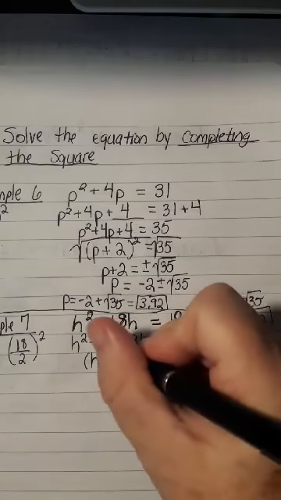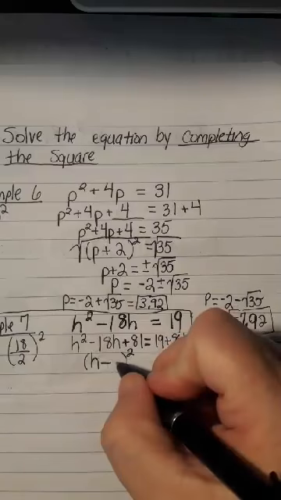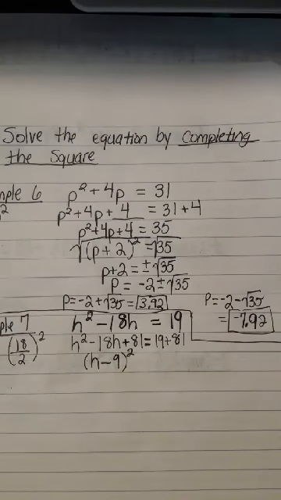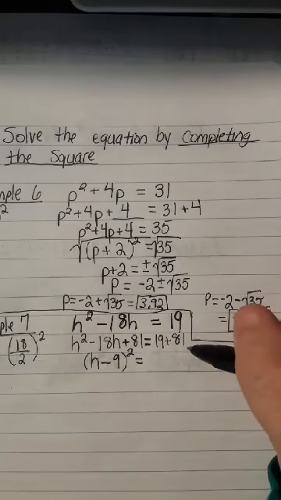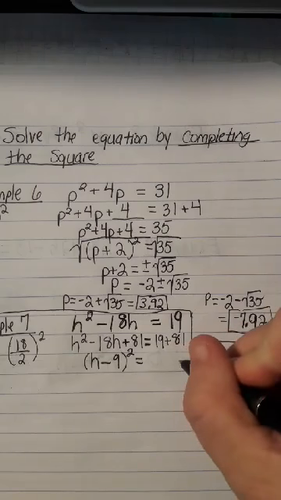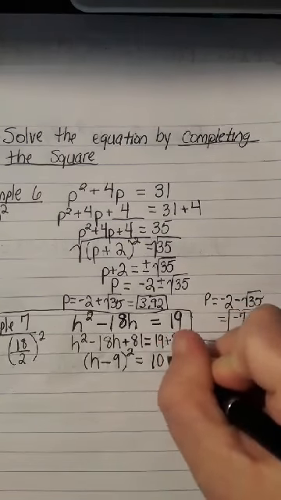Put the sign that's in the middle and take the square root of the 81, which is going to be 9. And then on the right side, you add your 19 plus 81, which is going to be, what is that, 100? 1 plus 9 and 8 plus 1 plus 1, yeah, that's 100.